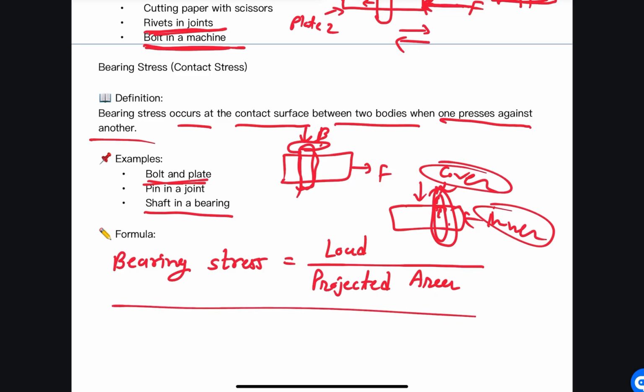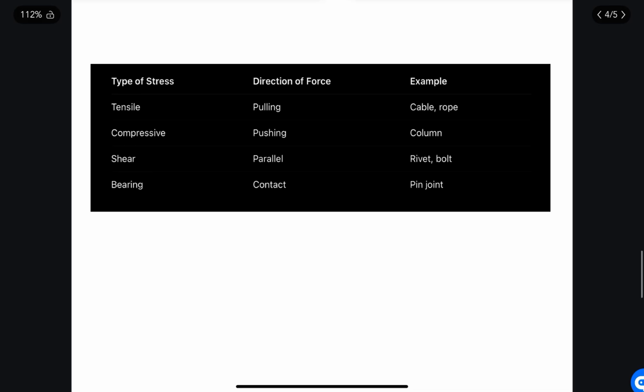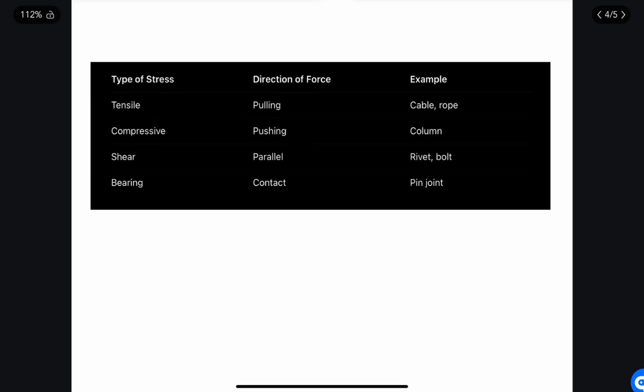And what's the equation for that? The load divided by the projected area, which is given. I have one small table which is helpful for the MCQs as well as understanding the sums and numericals, or the part on which the force is applied.